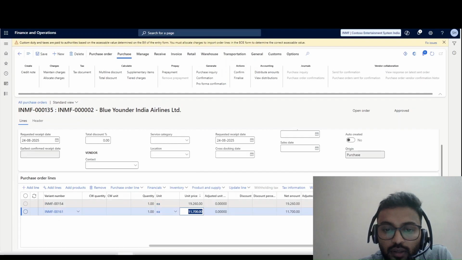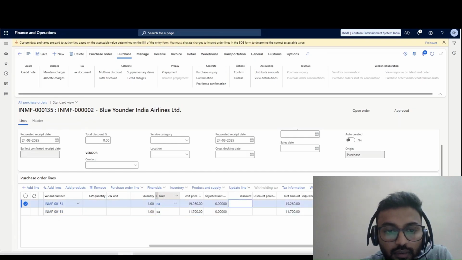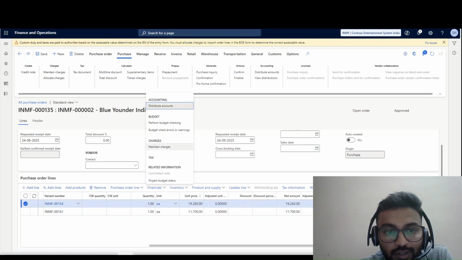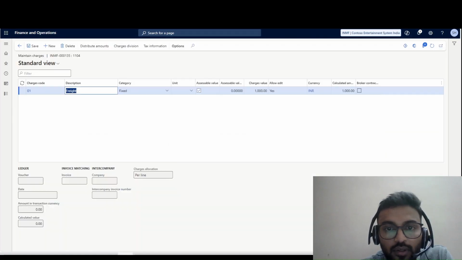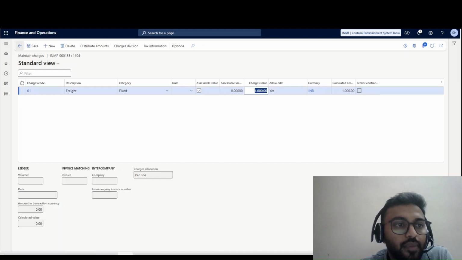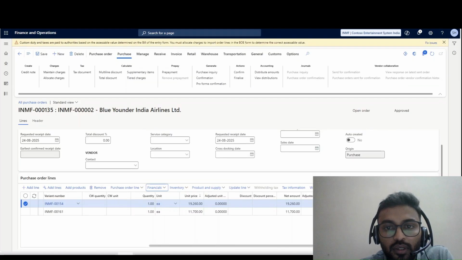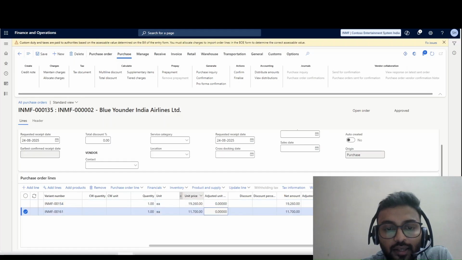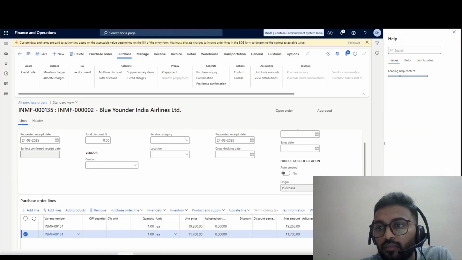Okay. So here, if I go to the financials in maintain charges, see, I have selected the lines. If you see here, this accessible value tick mark is there, in both lines the accessible value tick mark is there.